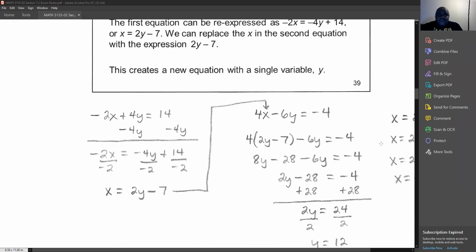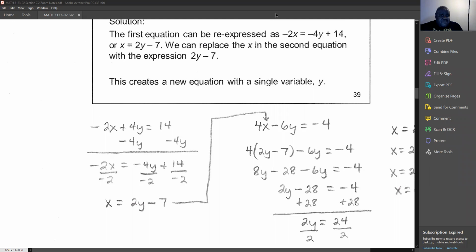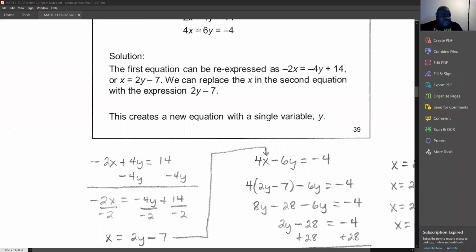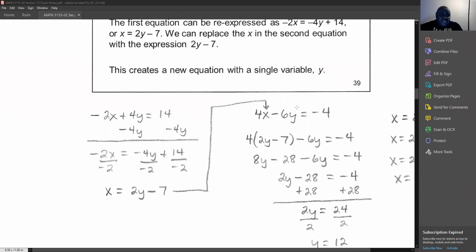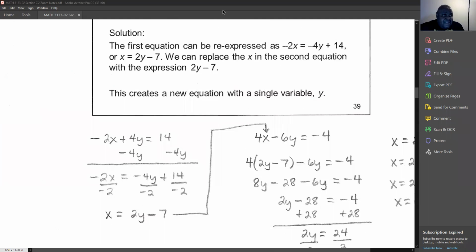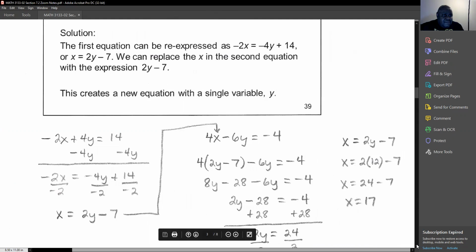I'm going to scroll down a bit, because as you're going to see here, this is the equation that we have, and this is how we solve it.